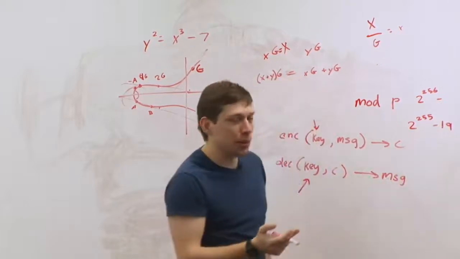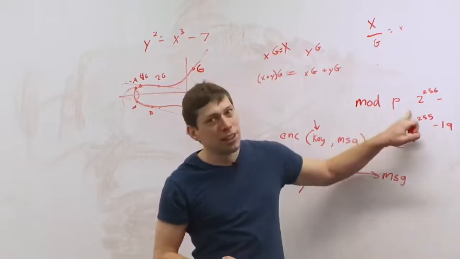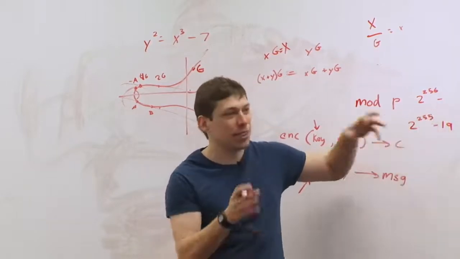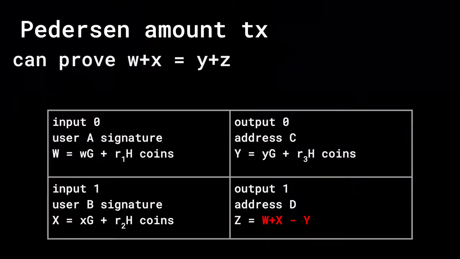That's an easy one to remember, so that's why they call it Curve25519. In Bitcoin, it's 2 to the 256 minus some numbers that are not too huge. So since all of these things are modulo some big prime number, what's the potential problem here?